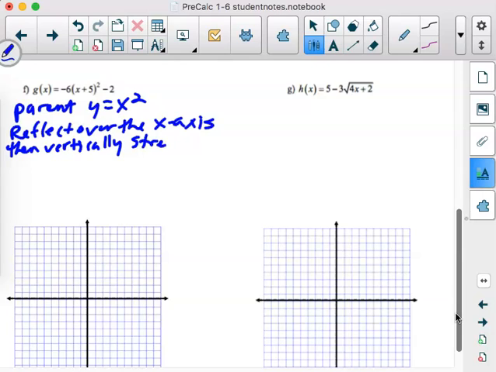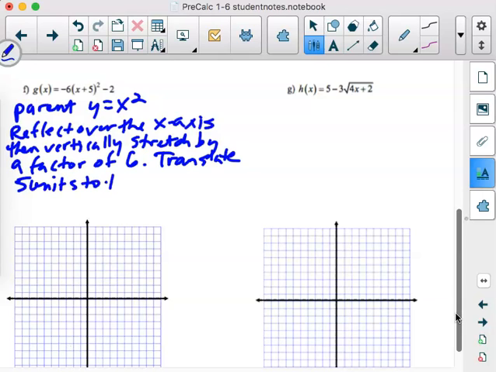Vertically stretch by a factor of 6. Translate 5 units to the left and 2 units down. And we'll have this.